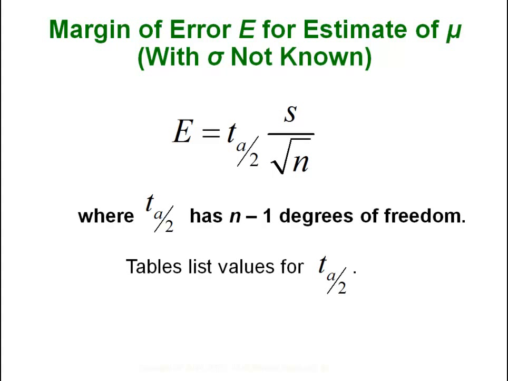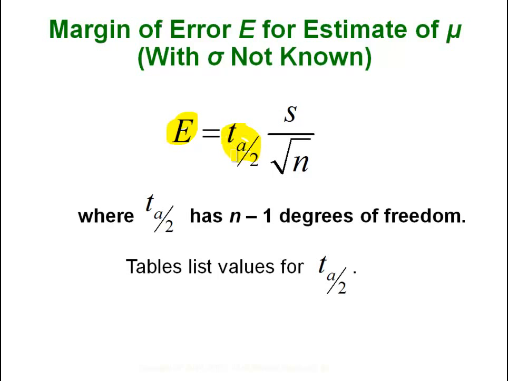Just like other confidence intervals, we're going to have a margin of error. This one has a relatively simple formula where our margin of error, again represented by an uppercase script E, is simply some t-score, right?